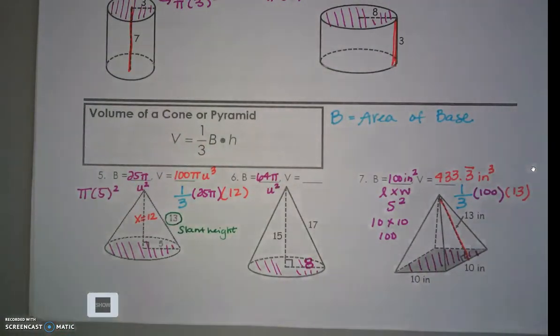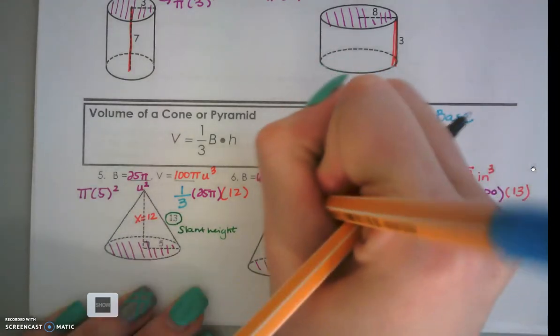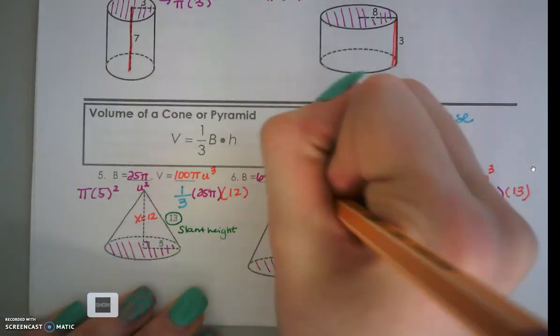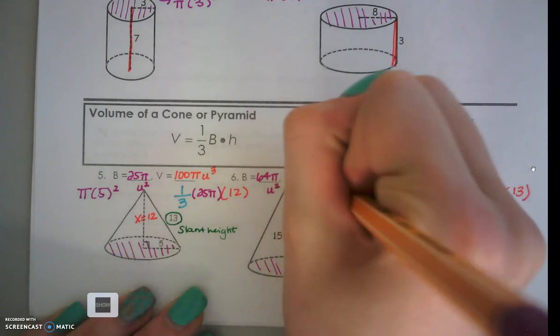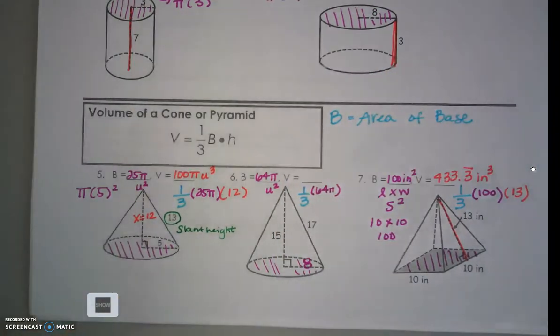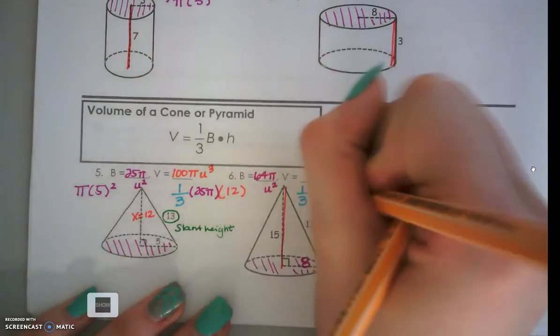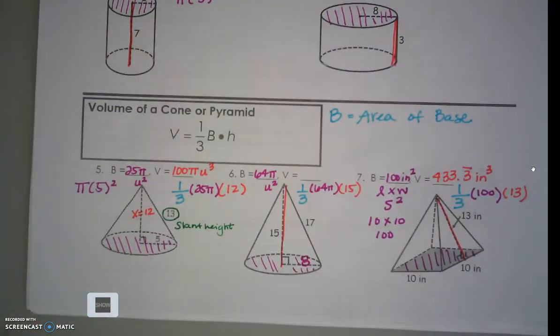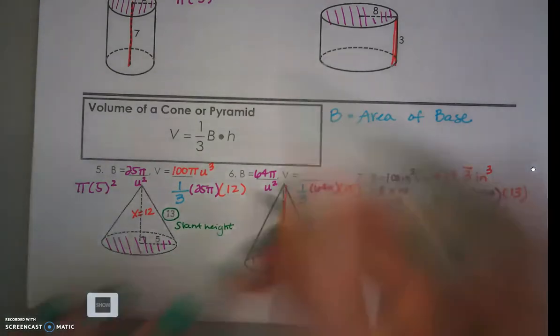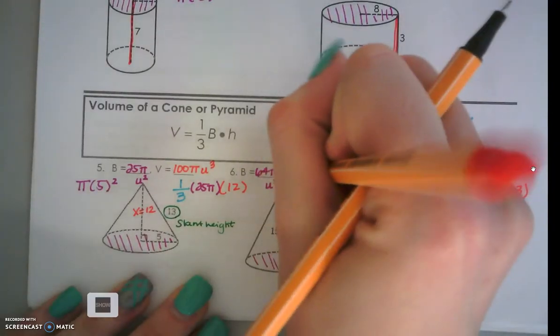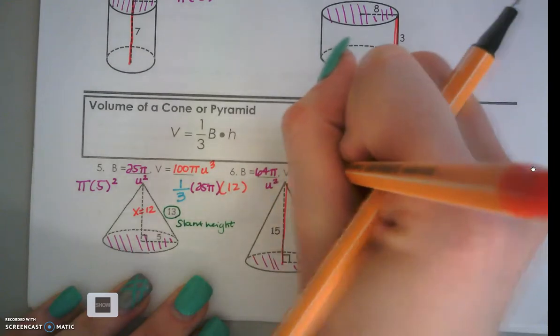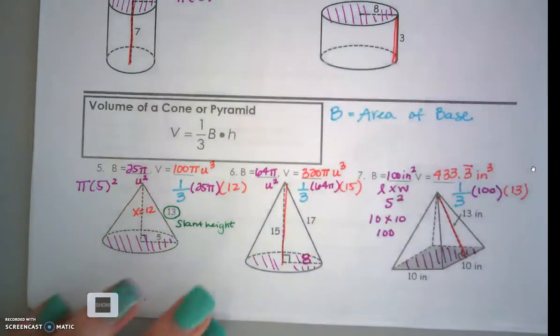My volume, I have 1/3 times my base, 64 pi, times my height. How am I extending this cone? Upward, 15 units. So in my calculator, I have 64 times 15. I'm going to divide that by 3 and get 320 pi units cubed.